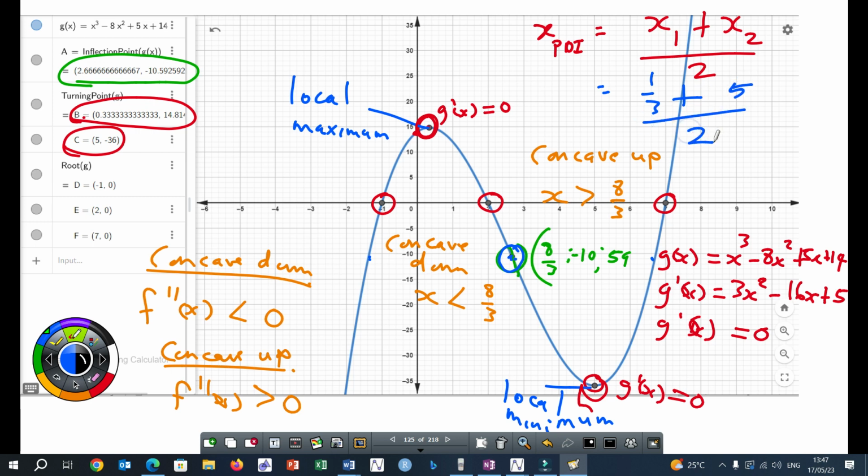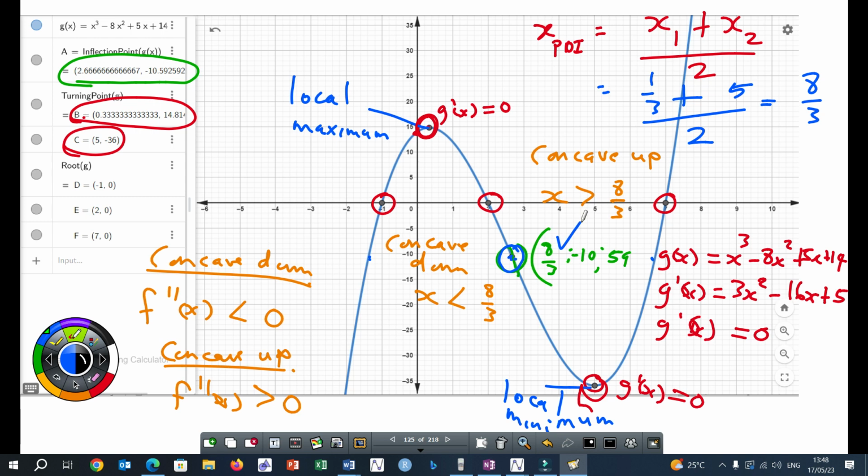Then you divide the answer by 2. This will give you 5 and a third, which is the same as 16 over 3. If you divide that by 2, you come to 8 over 3. So you get 8 over 3, which is the same as that.